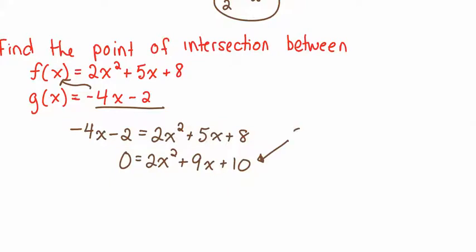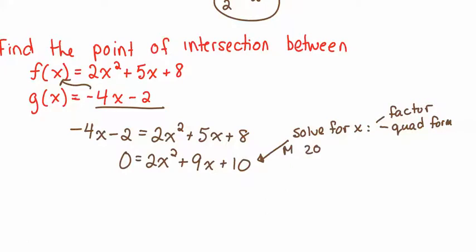So we merge the equations, get everything on one side, and from this point, we're finding the point of intersection. So we want to solve for x, and the way that we do that is similar to finding roots. So we can factor or use the quadratic formula. In this case, it's factorable. So I want it to multiply to 2 times 10, which is 20, and add to 9.